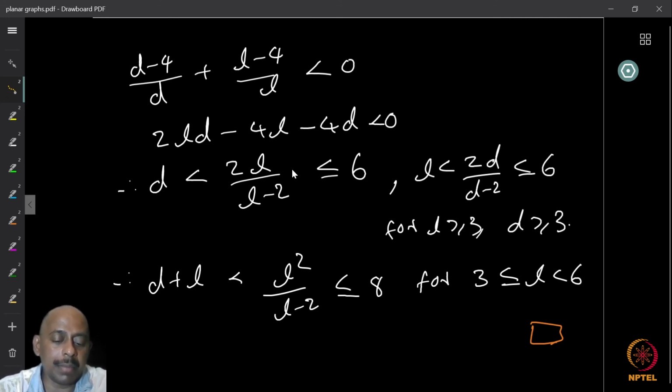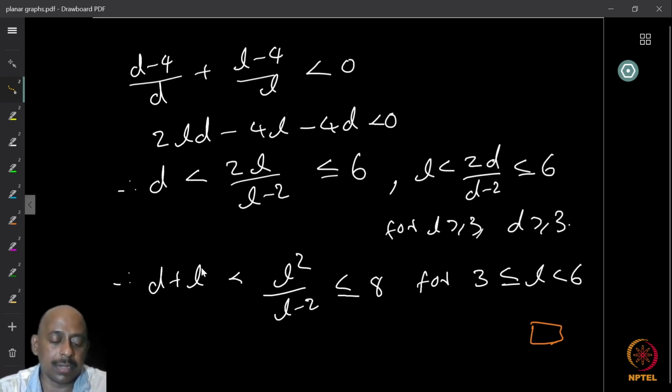Now, 2L by (L minus 2), when L is at least 3, is less than or equal to 6, and similarly L is less than 2D by (D minus 2), which is also less than or equal to 6. So for L greater than or equal to 3 and D greater than or equal to 3, we have these two inequalities.